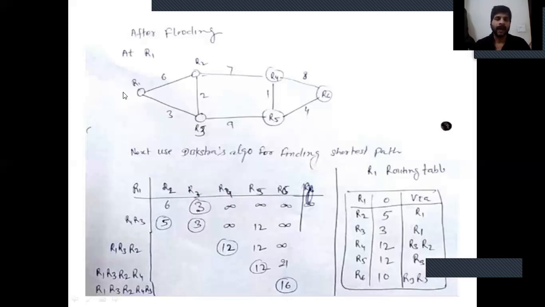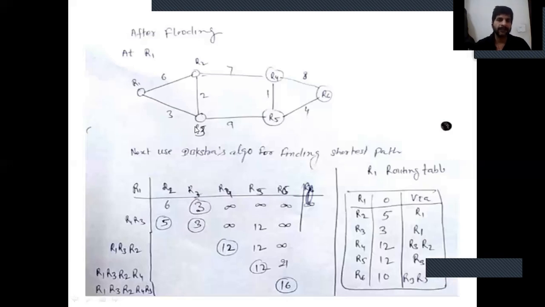So first we reach R3 from R1 and calculate the value 3. So R3 is circled, and next we examine the adjacent nodes of R3. An adjacent of R3 is R2, so 3 plus 2 equals 5.